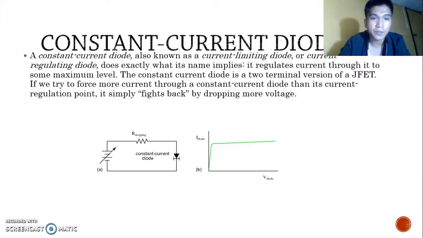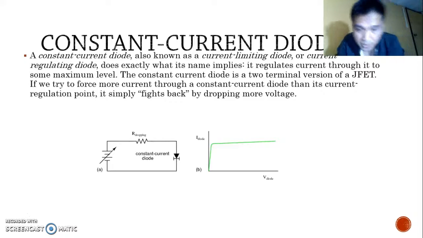If we try to force more current through a constant current diode than its current regulation point, it simply fights back by dropping more voltage. If we were to build the circuit in this figure below, and plot diode current against diode voltage, we'd get a graph that rises at first and then levels off at the current regulation point, as in the figure.